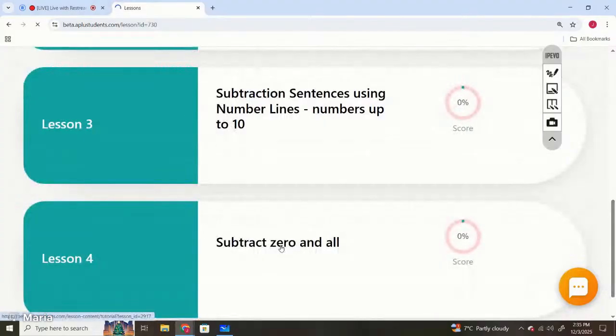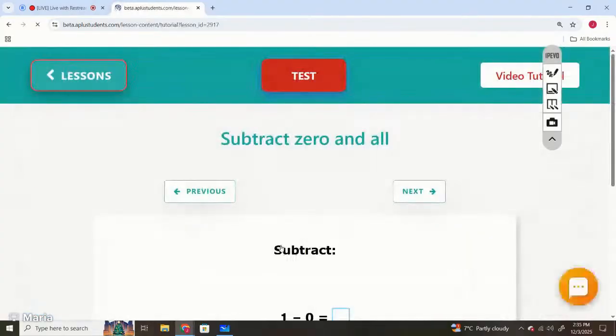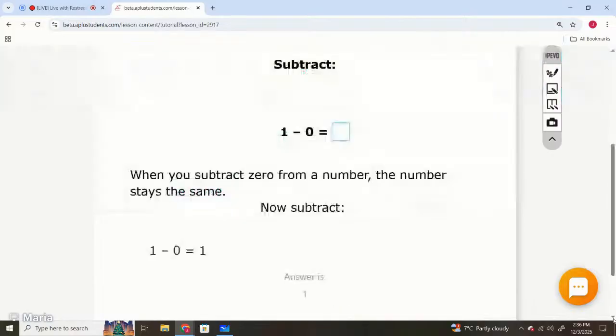Subtract 0 and all. Okay, 1 minus 0. So when you subtract 0 from a number, the number stays the same, right?